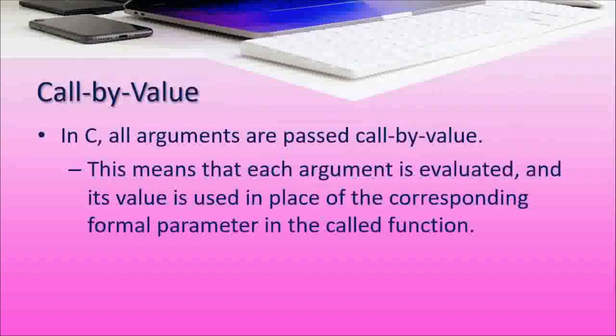Now we will discuss call by value. Call by value is nothing but passing the value of that particular parameter or variable directly into the function. So what happens is, in the calling function, the function which calls the particular function, say a variable x is there, and the value of that variable x is changed inside the called function.